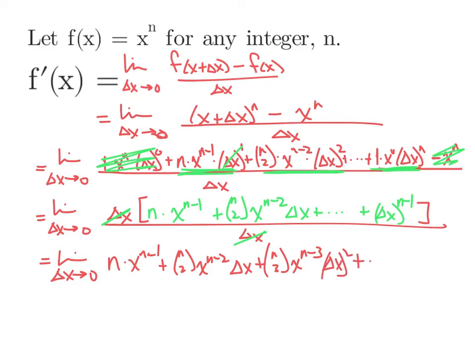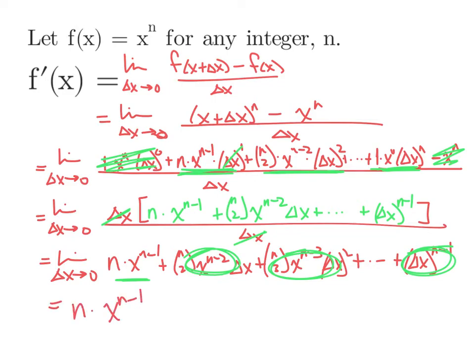But that's going to continue all the way down until we get to delta x to the n minus 1. And the thing is, all those delta x's are turning into zeros. So this term has a delta x in it, so does this term, so does every term all the way down to the end. All of those turn into zeros, so we're only left with this part, n times x to the n minus 1.